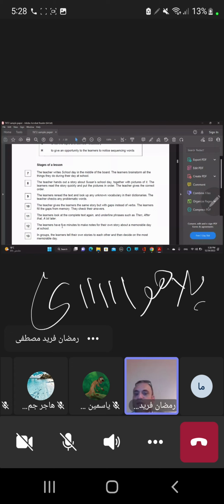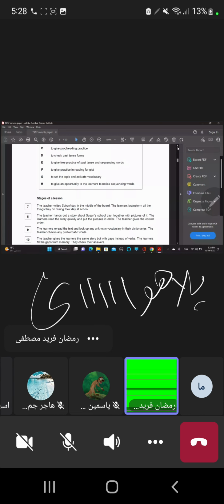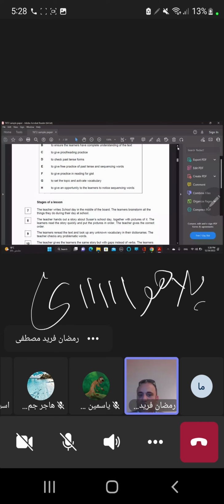Look at the whole story and underline phrases such as then, after that, a bit later. What could be the purpose of this? H, Doctor. Give an opportunity to the learners to notice sequencing words.